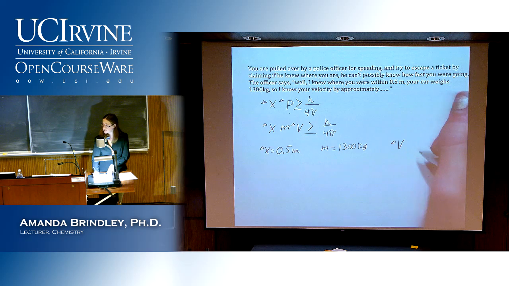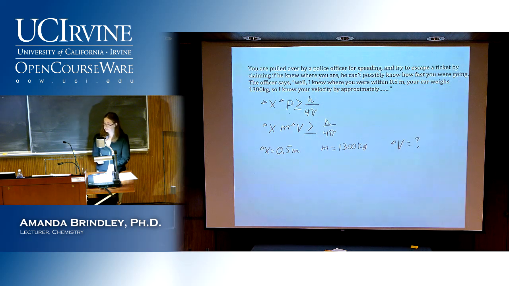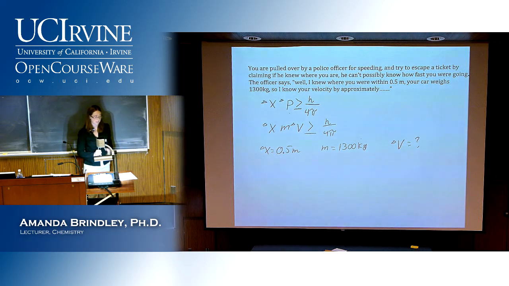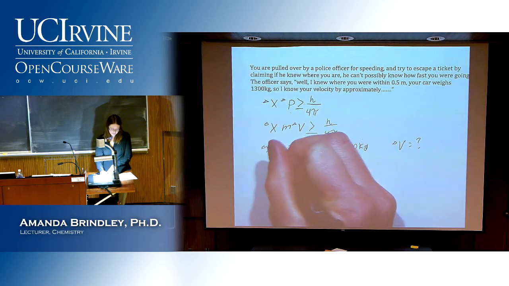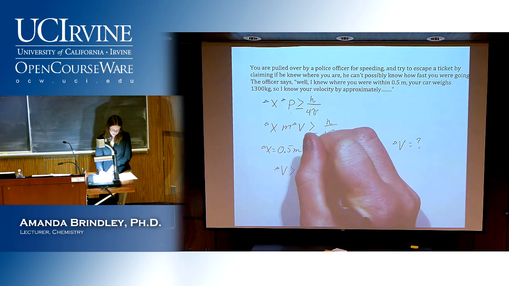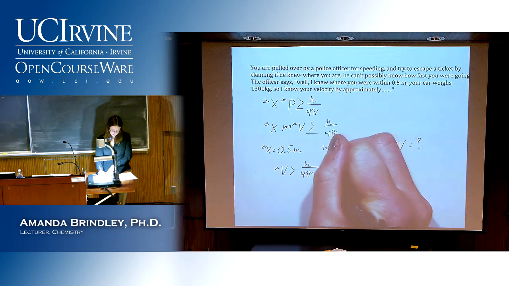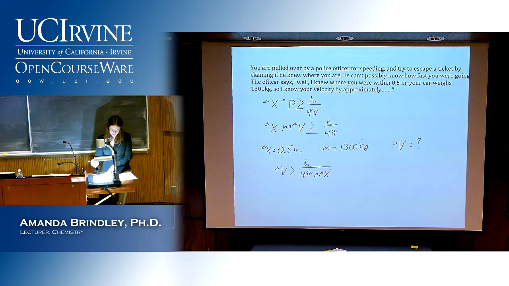So we need to solve for delta V, so we can see whether I can argue myself out of a ticket this way. So let's first solve for delta V, and then fill in everything that we need.